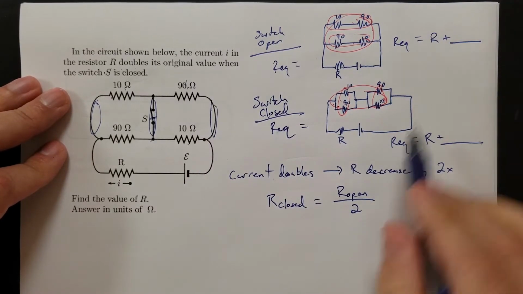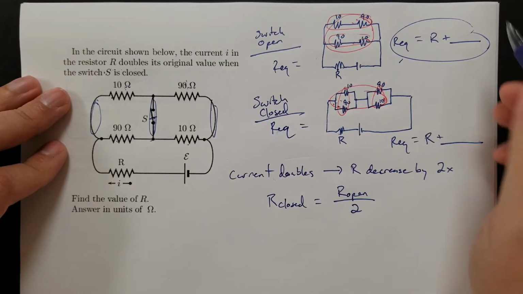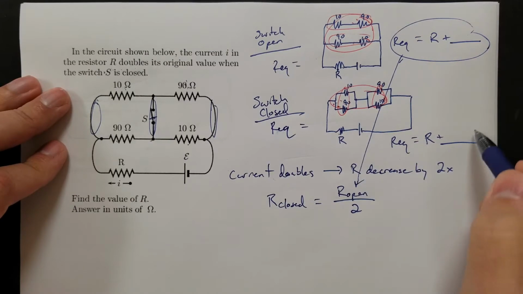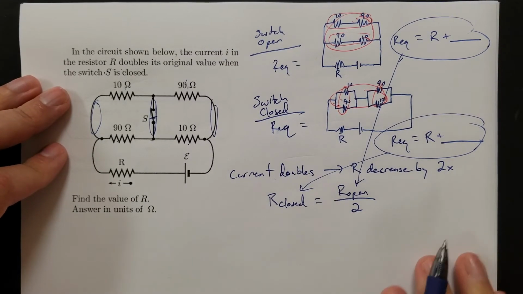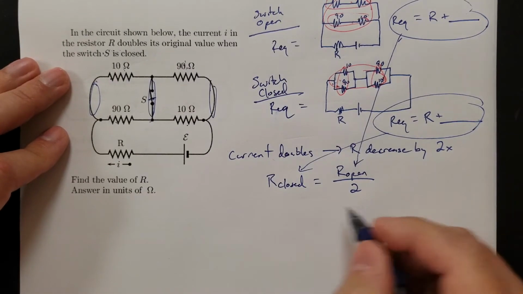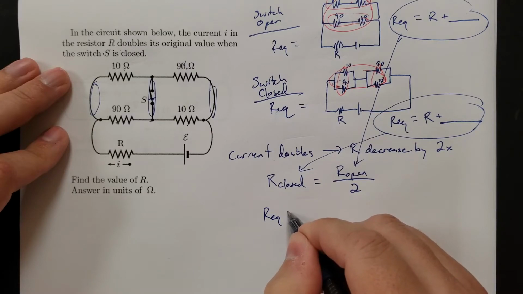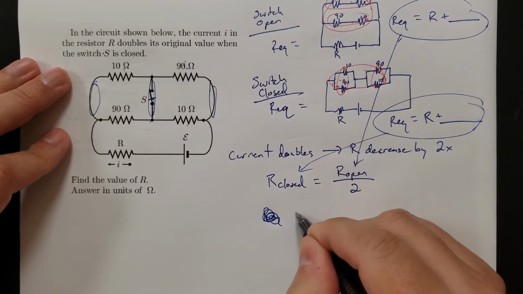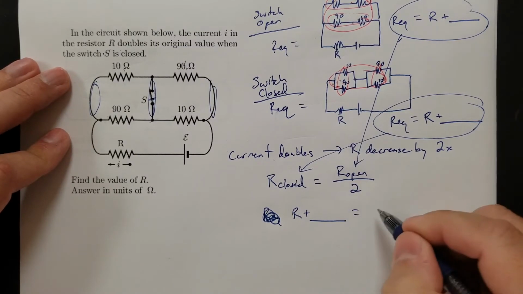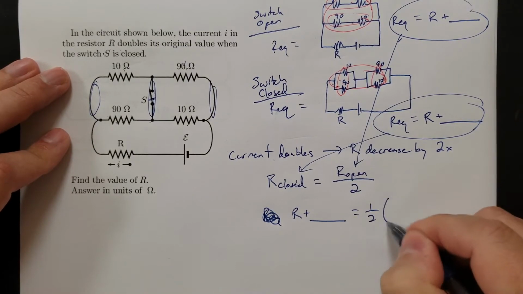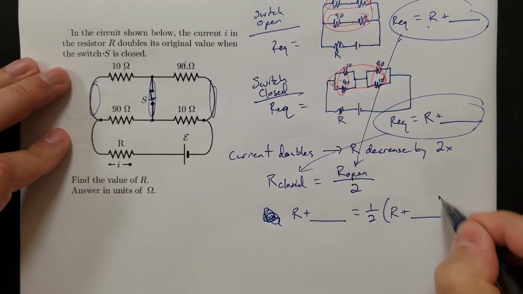So now if I take this number and I plug it in here, right? If I take this number and that's open, so that's going to go here, and I take this thing and I stick it here, I can write an equation to relate these two, right? So it's going to look like this. It's going to say REQ, it's going to say R plus something for the closed one equals 1/2 times whatever the open one was, R plus something.